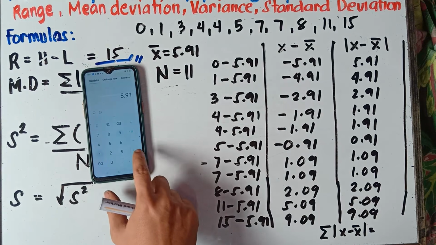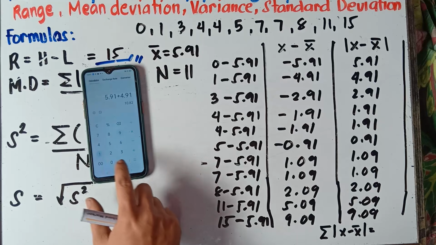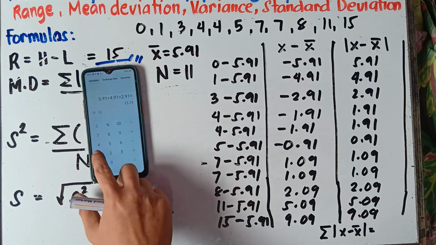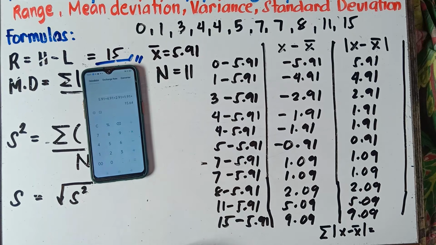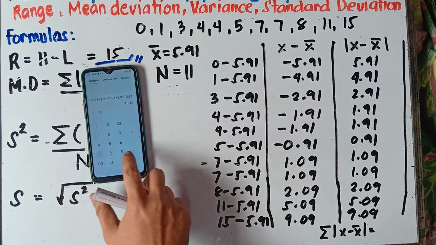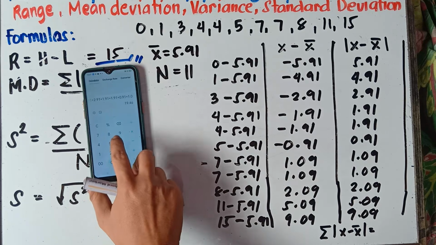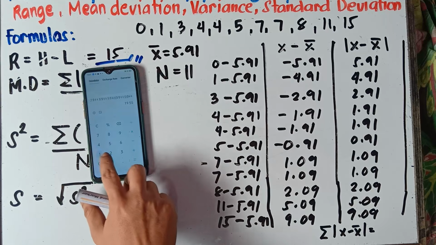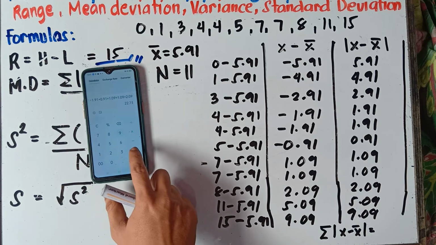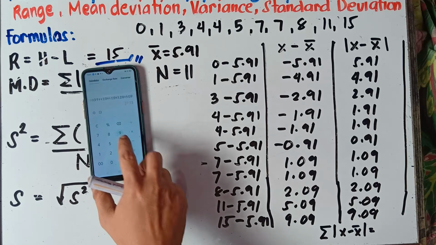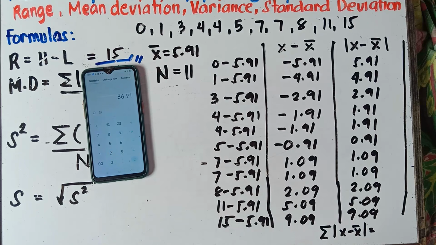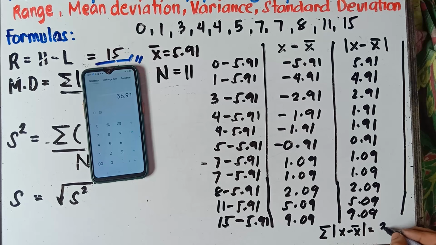Plus 5.91 plus 4.91 plus 2.91 plus 1.91 plus 1.91 plus 0.91 plus 1.09 plus 1.09 plus 2.09 plus 5.09 plus 9.09 equals, the answer, class, is 36.91.